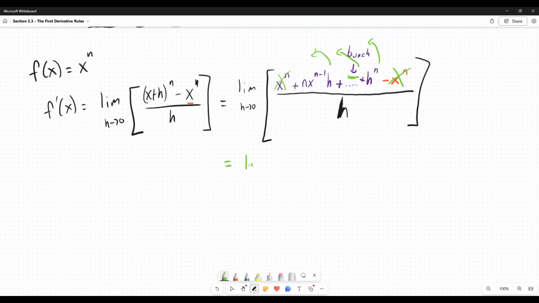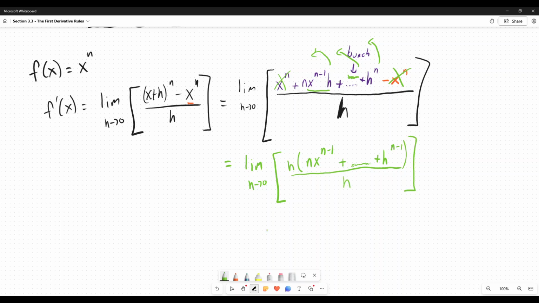So I'm going to say it's the limit as h approaches 0 of h times, take away h, in x to the n minus 1, plus a bunch of things that still involve h, because they're at least h squared, plus an h to the n minus 1.